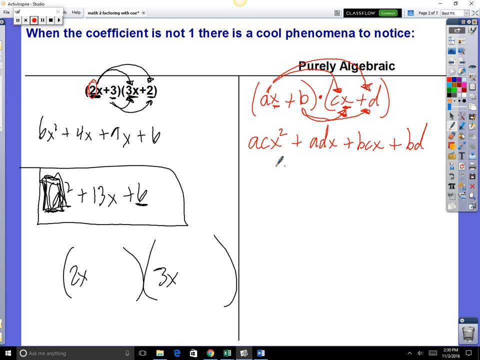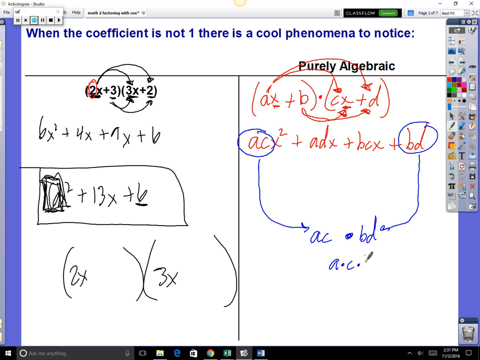If you take the number in front of the x squared and the number at the very end, the first and the last, this guy, which is ac, and you times it to this guy, which is bd, you get a times c times b times d, or a times b times c times d.